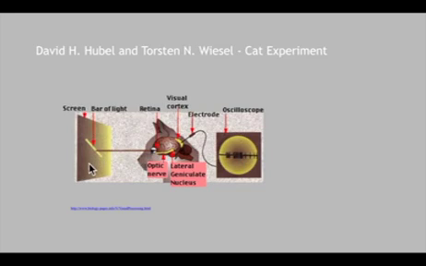Whenever they passed a bar of light, they wanted to see whether the brain is able to send some signals because of the different shapes of the bar of light. Say for example, it may be a horizontal edge, or it may be a vertical edge, and so on.